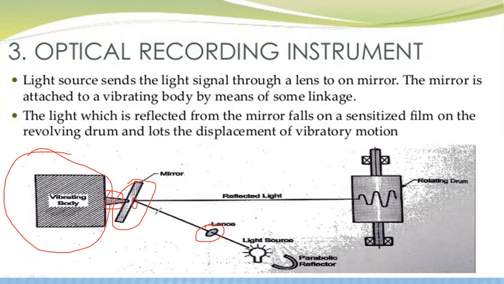At that particular point, the light falls on the mirror and is reflected. When the reflected light falls on the rotating drum, as the drum rotates, a graph is automatically developed of the fluctuations of the vibrations on the paper of the rotating drum. That paper is connected to the rotating drum.